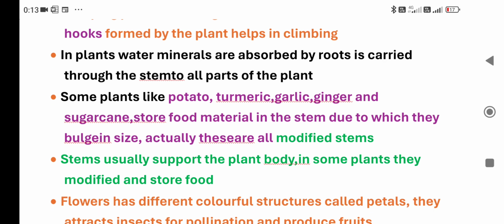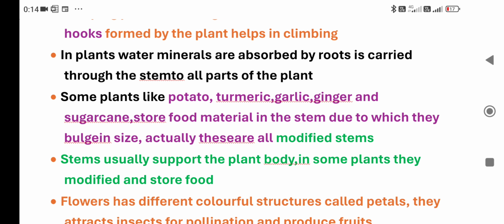Some plants like potato, turmeric, garlic, ginger and sugarcane store food materials in the stem, due to which they bulge in size. Actually, these are all modified stems. They store their food materials in the stem, and they bulge in size and change their structures.